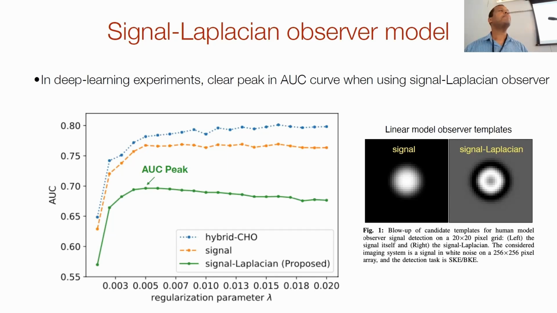Did you compare the Laplacian model observer with the very commonly used non-prewhitening eye filter? No, we haven't. That's another thing I should have put in the summary slide: we need to compare with other observers. But remember our purpose here is to tune parameters for image reconstruction, and performing reconstruction after reconstruction can be really time consuming.